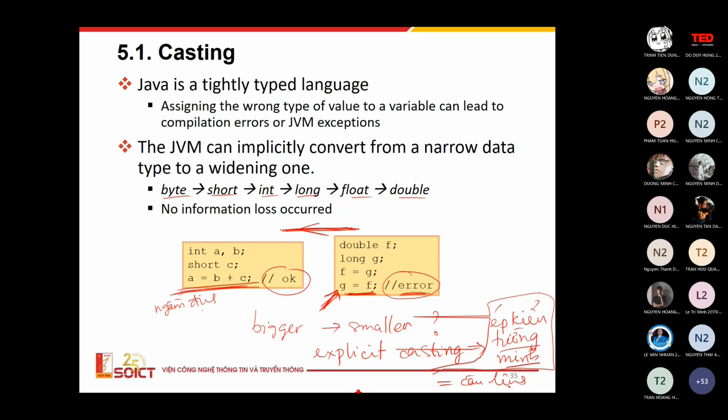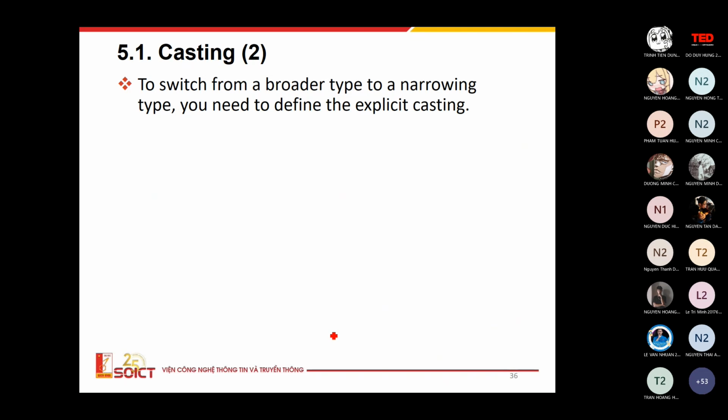Được chưa? Okay, we will go to see how we can do the explicit casting. This is for when you want to convert from a bigger one to a narrower one, or a smaller one. You want to convert from a broader type to a narrowing type, and you have to do it explicitly.